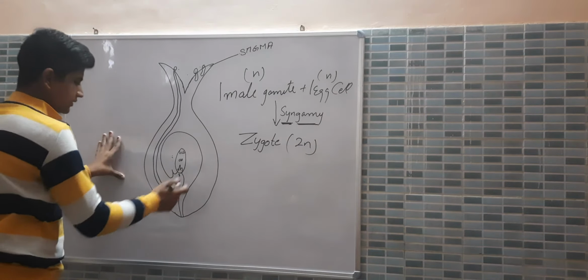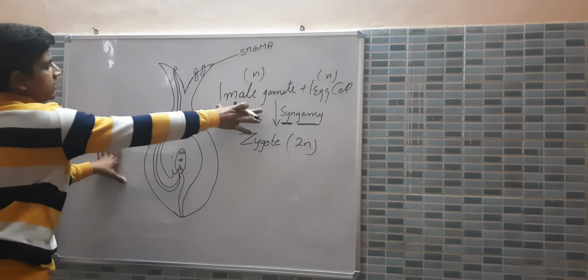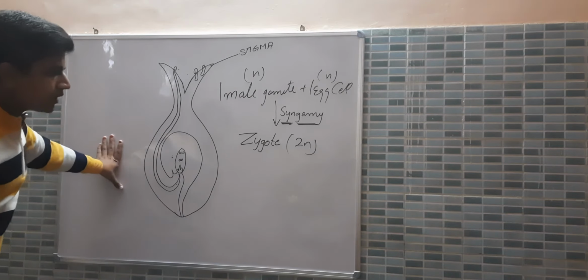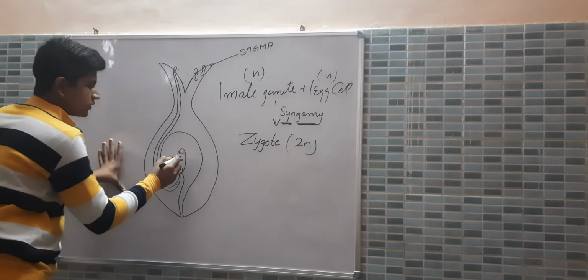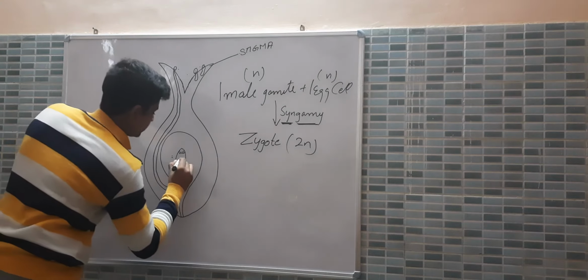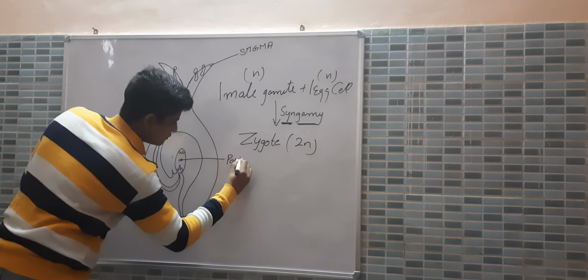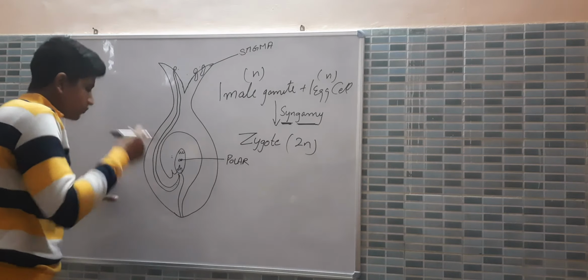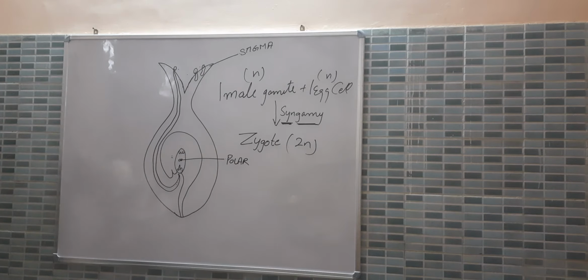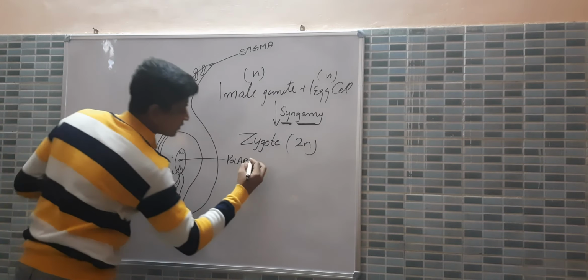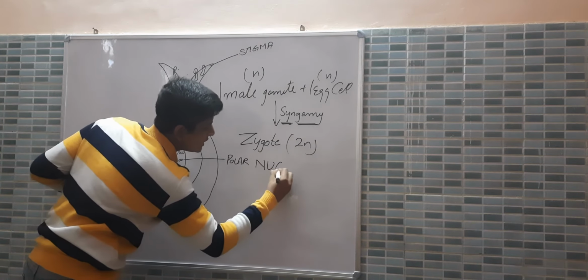Now you can see that from these two male gametes, one we have used. So what is the other one for? The other one is for the polar nuclei. We forgot to label this. Yes, it is polar nuclei.